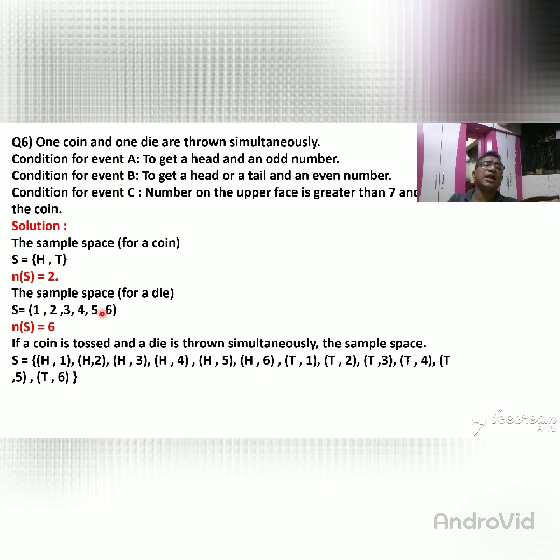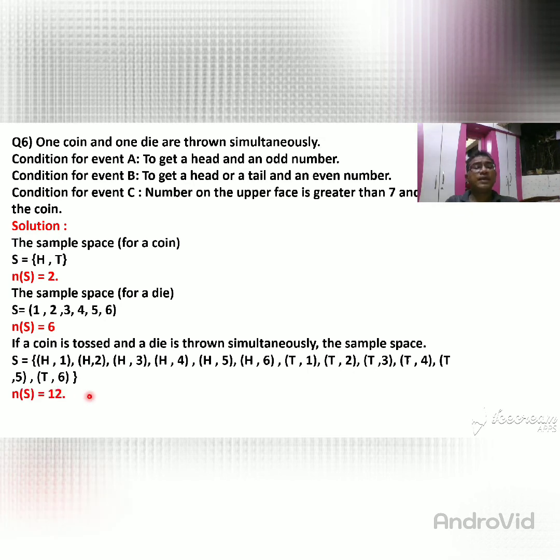I just start with head: head 1, head 2, head 3, head 4, head 5, head 6. Do you understand? I am making each number pair with head. Then tail: tail can make pairs with each and every number 1 to 6. Tail 1, tail 2, tail 3, tail 4, tail 5 and tail 6.